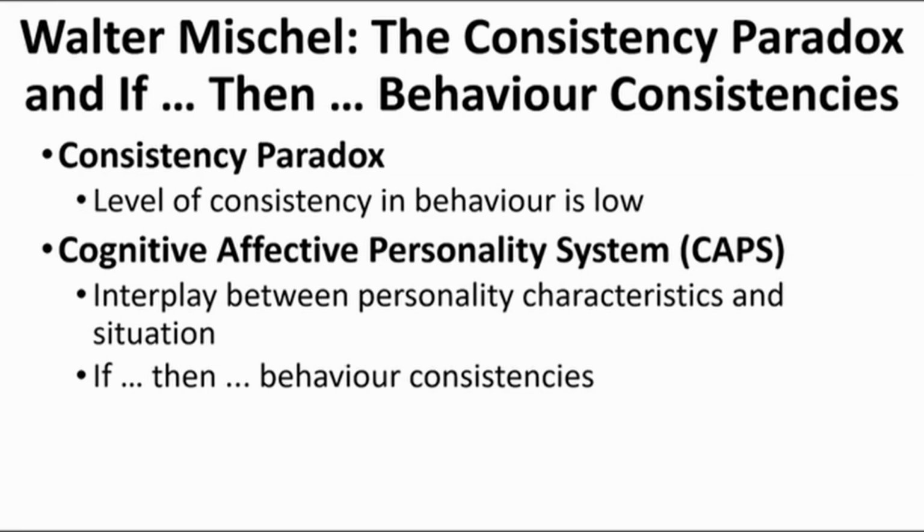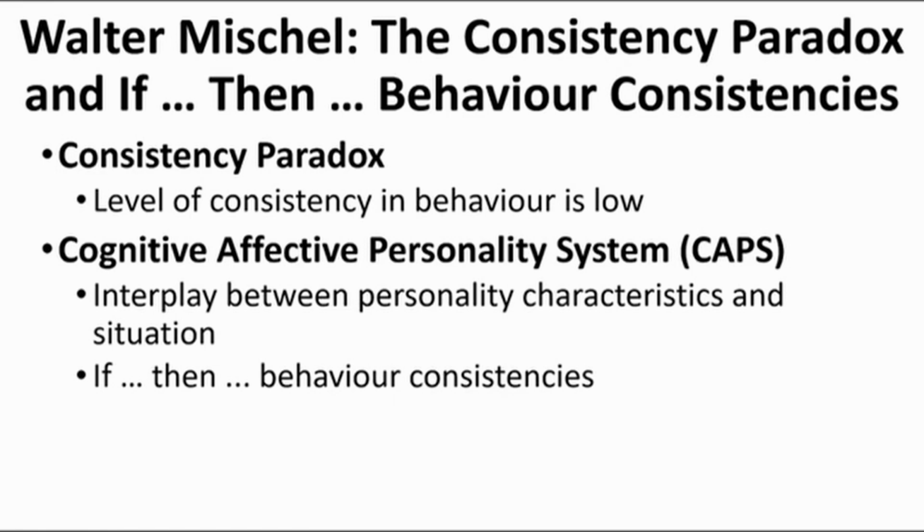And so this view proposes what have been referred to as if-then behavior consistencies, which suggests that there's a consistency in behavior, but it's found within similar situations. So we can use the example of: if Amy is hungry, then she will be irritable and prone to making rash decisions.